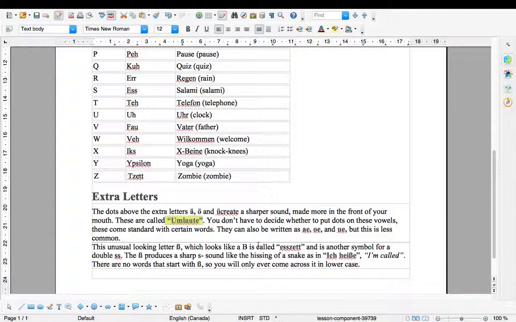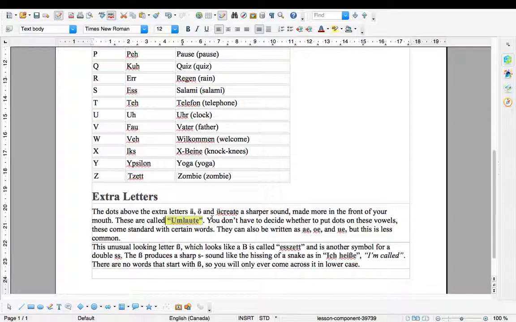Don't worry about this at this point. We'll be discussing this in more detail when we come across a word with an umlaut. Just keep in mind this is only used on a vowel to stress. It makes a sharper sound. It makes the A longer or shorter.